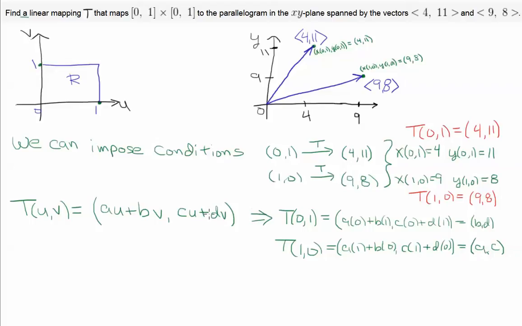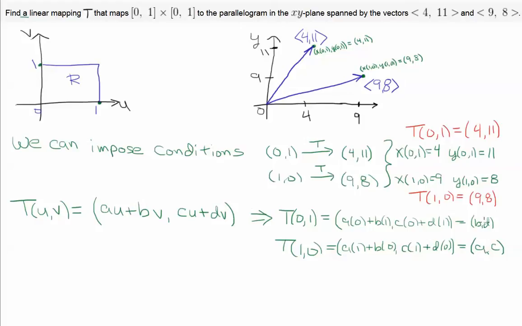Now, based on what we have up here, I'm just going to restate these conditions. We have T(0,1) equals (4,11). Well, T(0,1), according to this map, if I plug in 0 for u and 1 for v, I get (b, d). Similarly, for T(1,0) equals (9,8), if I plug in 1 for u and 0 for v, I get (a, c).